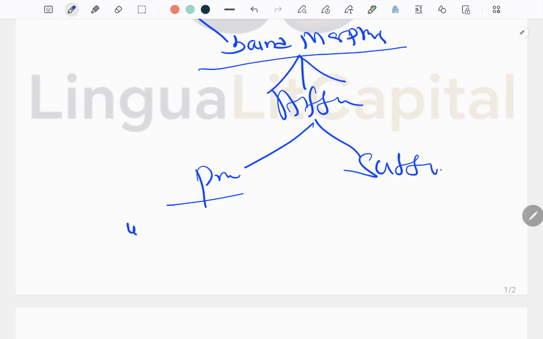Like we have un, pre, bi, and some more sounds. After adding those, the meaning of a word gets changed.